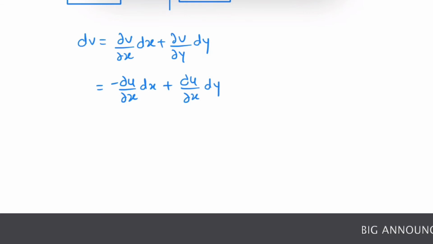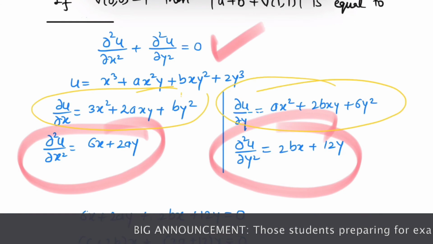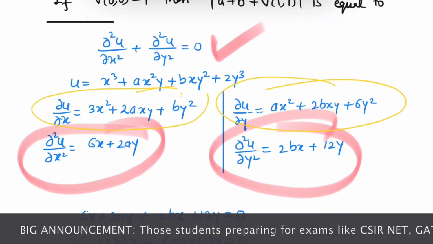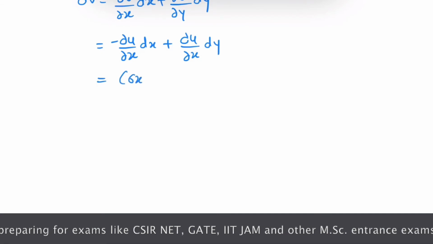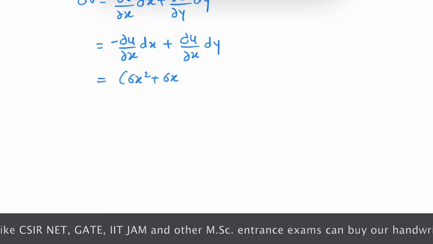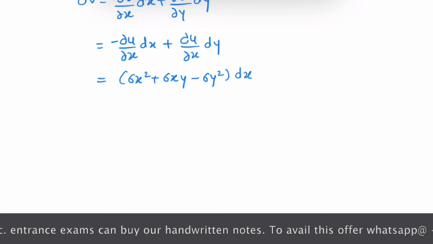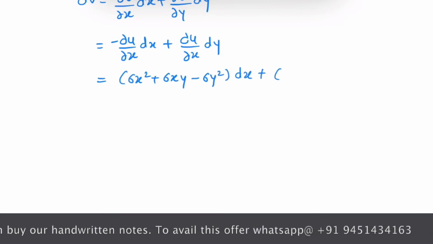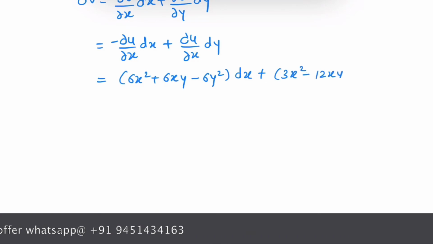Now let's put the values of ∂u/∂x and ∂u/∂y. On putting we get (6x² + 6xy - 6y²) dx + (3x² - 12xy - 3y²) dy.